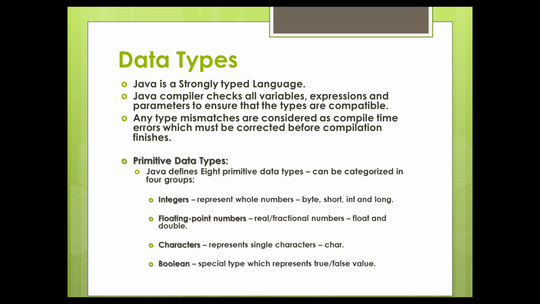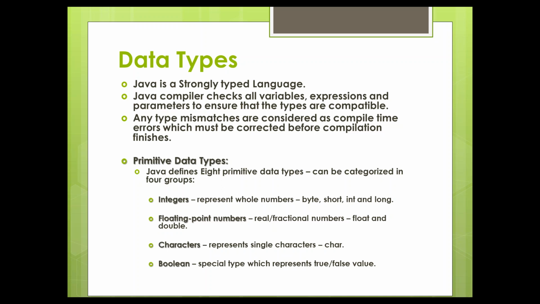So without that, you can't compile a Java file, in the sense that all should conform to the respective data types. If you try to save integer data in a character data type, then you will get compile time errors.